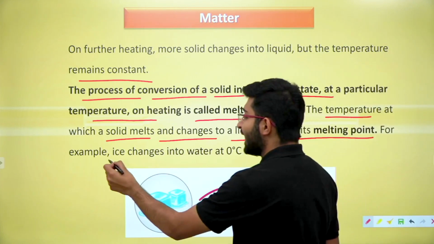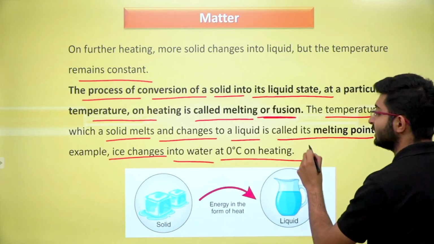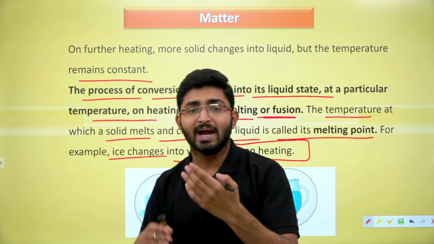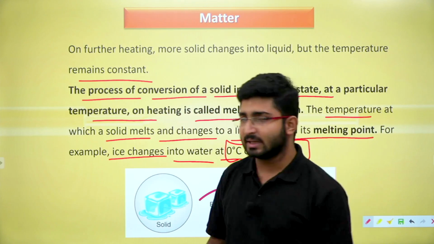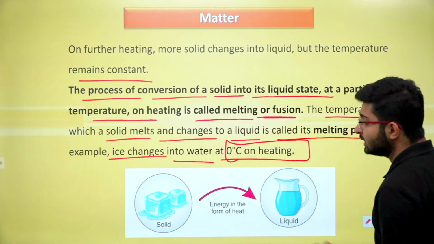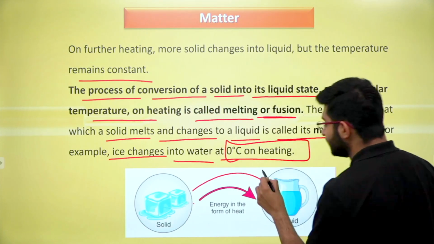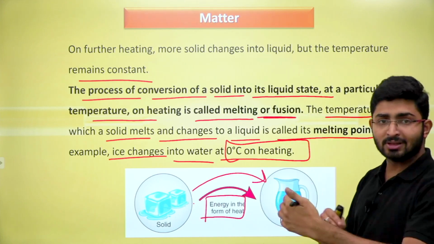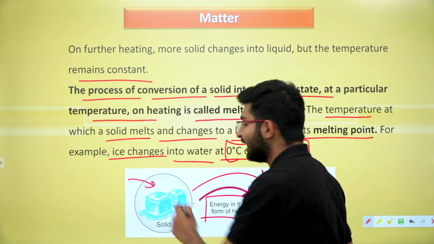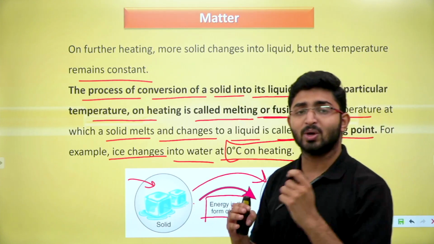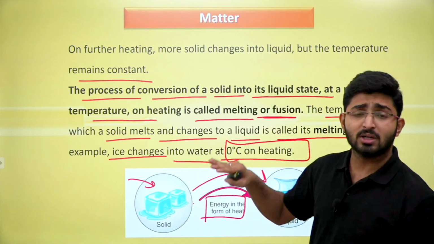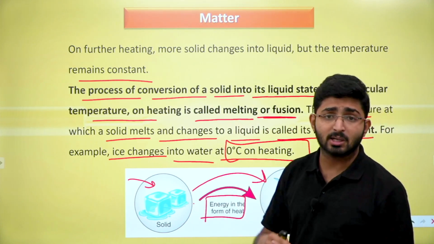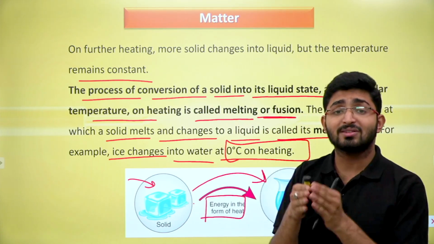For example, ice changes into water at 0 degrees Celsius on heating. You can see in the picture over here that solid is changed into liquid when energy in the form of heat is given to it. We are raising the temperature, so there is a rise in the kinetic energy, and because of the rise in kinetic energy the molecules start vibrating.